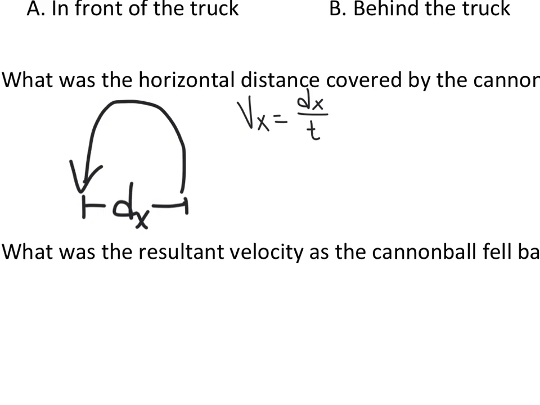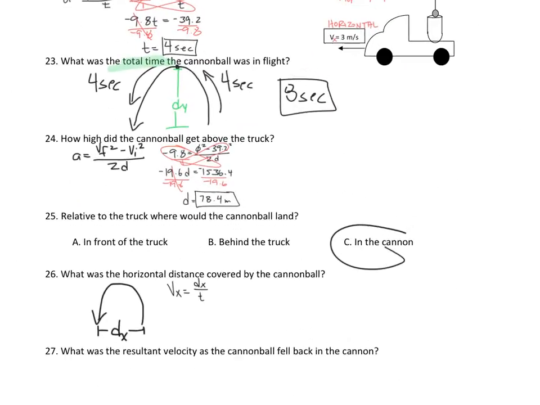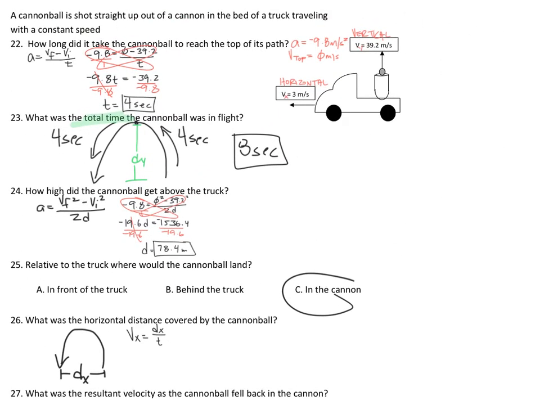Up at the top, I already know the horizontal velocity. It was given to me. It's 3 meters per second to travel horizontally. If I want to know the distance that it covers from here to here, I need to know the time that it takes to go up and come back down to here.